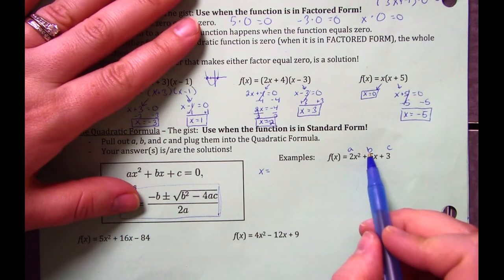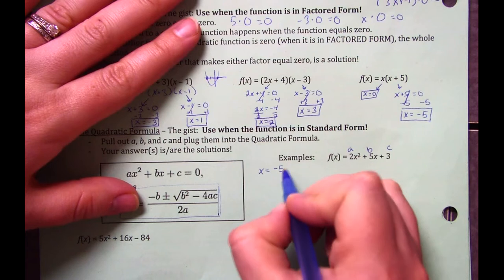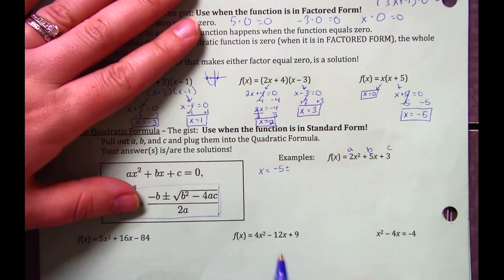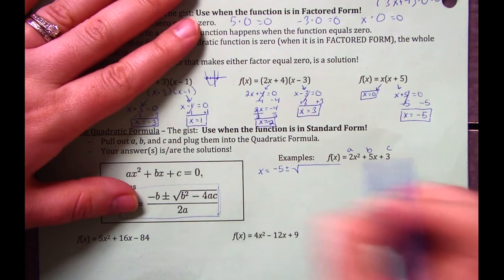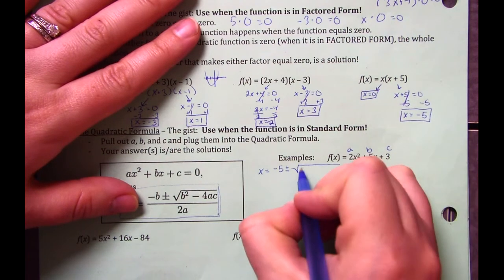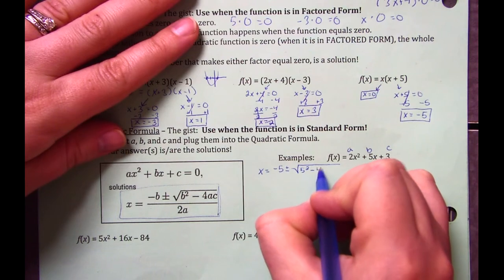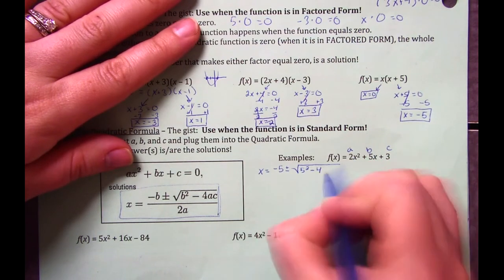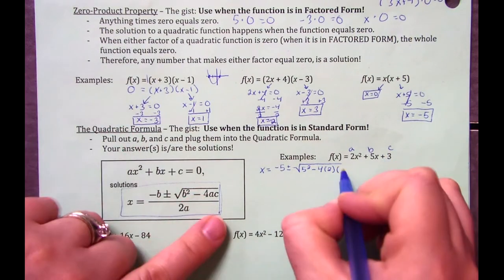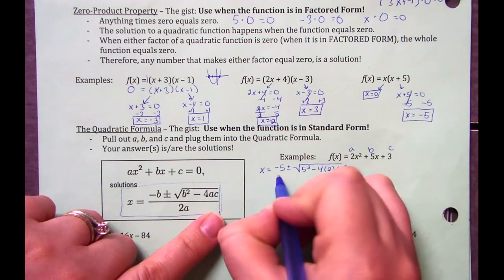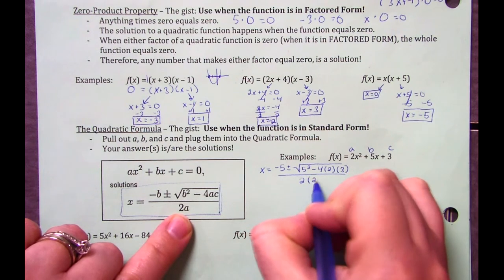Now if my b is 5, I'm going to put a negative 5 right there, plus or minus the square root of b squared, so that would be 5 squared, minus 4 times a, which is 2, times c, which is 3, all over 2 times a, which is 2.